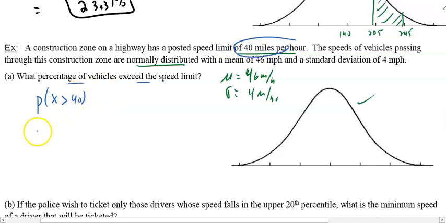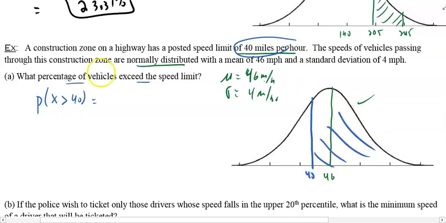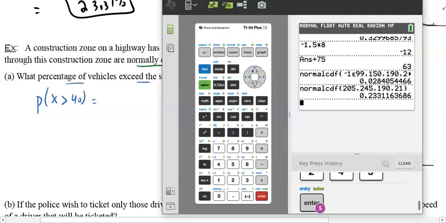Again, I don't need to convert to Z. I could just plug things in, but I know the average is 46, and 40 is to the left of that, and I'm looking for the area to the right.